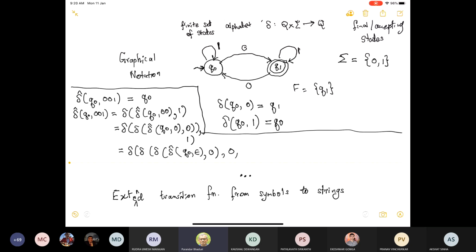I have to close the parenthesis here. I don't know whether I've got all the parentheses correct. Well, you can match them.